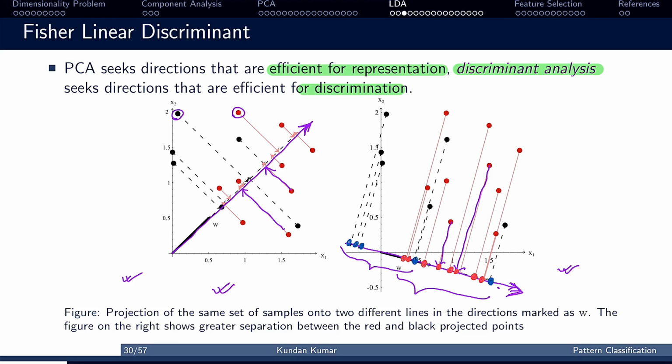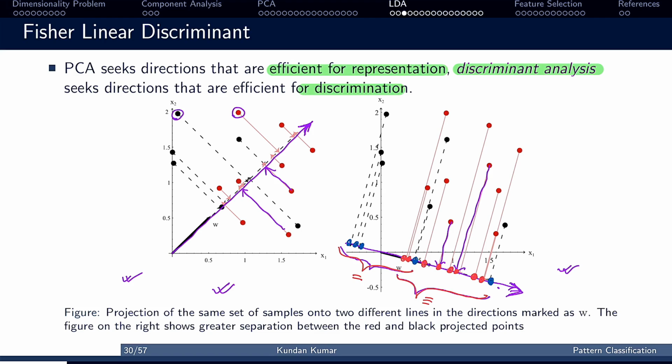Now just to think about what we should do: these two projected sample sets should have good data separability. That means the mean of this class should be well separated from the mean of this class, and the variance of this class should be minimum and the variance of this class should be minimum.